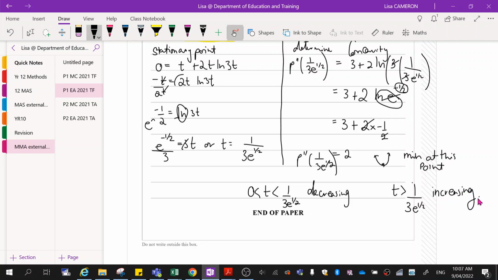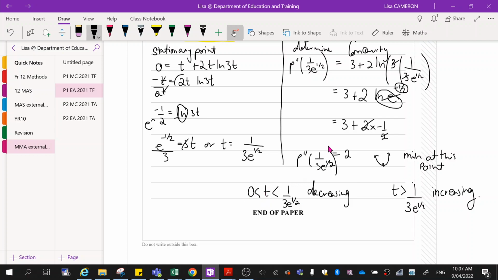Okay, so quickly let's just read through the question again to make sure that we've answered everything it's asking. So we're determining the intervals of time when the population is increasing and the intervals where it's decreasing. So we've done that here. Happy days. You do have another option as well. If you wanted to, you could pick a value in between.